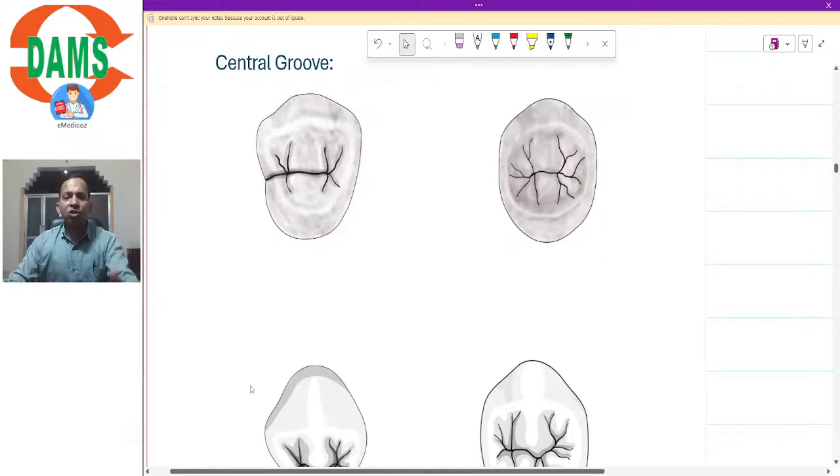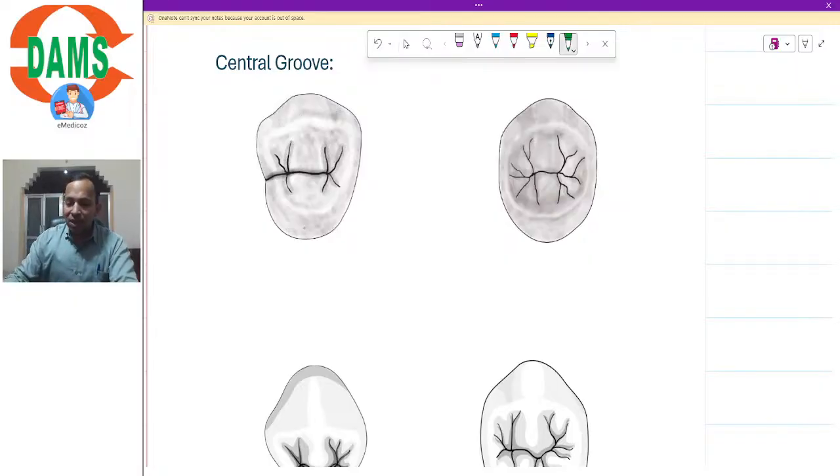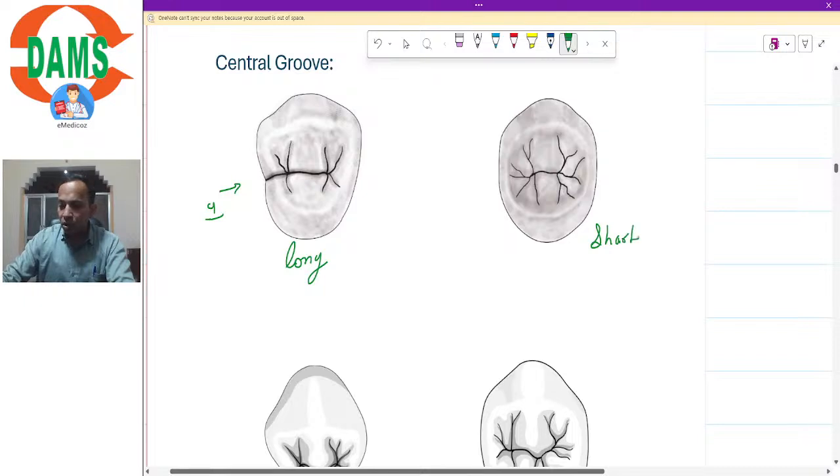So sometimes questions on the central grooves are also asked about the length of the central groove, the shape of the central groove, presence or absence of central groove. So as you can see in the first premolar, maxillary first premolar, we will just talk about the central groove. It is described as being long. In the second premolar, it is described as being short.